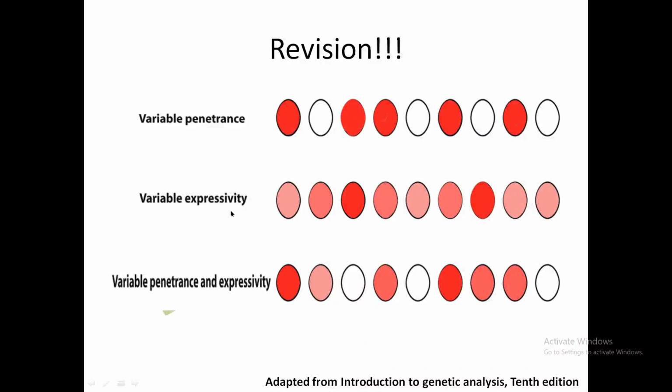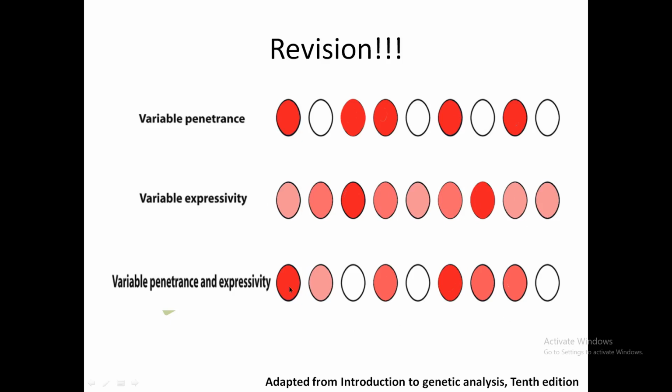Another example is variable expressivity. So here you can see that there is gradation of colors. There are some individuals which are expressing that trait severely while others are showing less severe symptoms of a particular trait or disease, while the others are showing least symptoms. Now, variable penetrance and expressivity can be expressed here in a single figure.